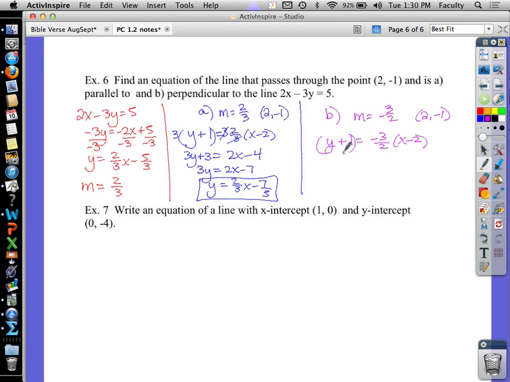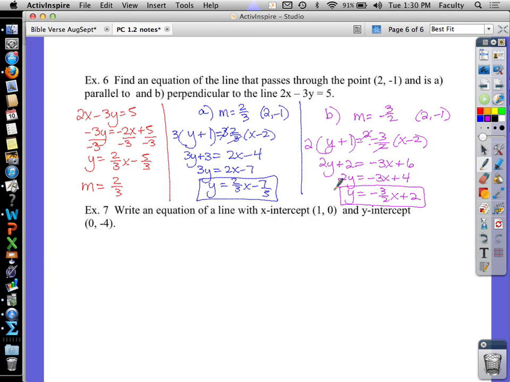I'm going to get rid of that denominator, so I'll multiply by 2 and get 2y plus 2. And then we're going to distribute the minus. Let's subtract the 2 and then divide by 2. So y equals -3/2 x plus 2.